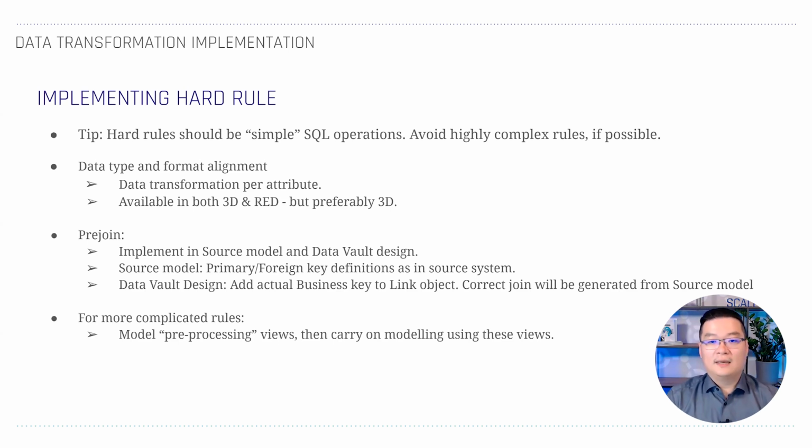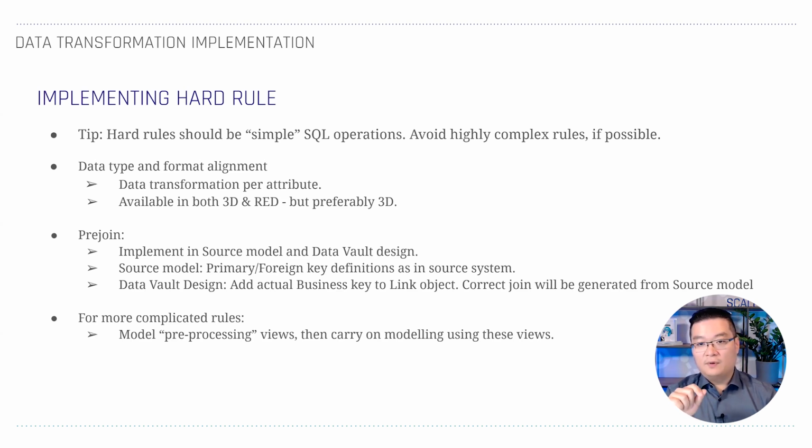For the other example, pre-join, you may also implement it in WhereScape, especially in 3D, by implementing it in the source model and the data vault design model. Later I will show a quick demo on how to do this, specifically for the data vault design.